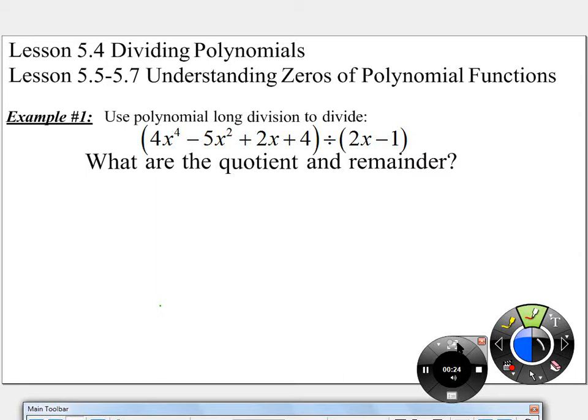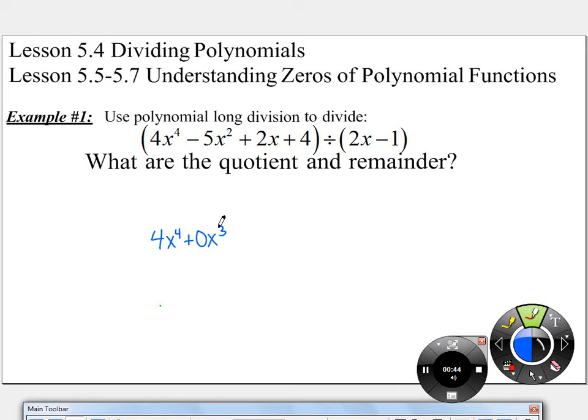So here, to use the long division algorithm, see that I have 4x to the fourth minus 5x squared plus 2x plus 2. Now, there is something important here. As I write this to do my division problem, I'm actually going to put a 0x to the third after the 4x to the fourth.